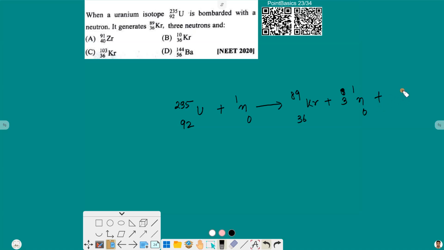Now we have to compute what we will get here. If we balance, we get 92 plus 0 equals 36 plus Z, and from this Z is 92 minus 36, that will be 56, and here we get 236 minus 92 minus 3, that is 144, so 144Ba56. In the given answers there is only one element which has atomic number 56, so option D is the right answer here.